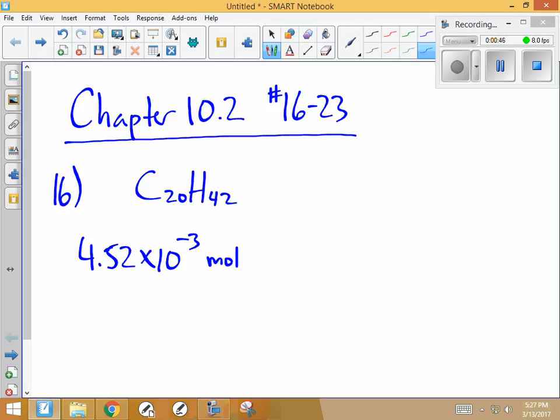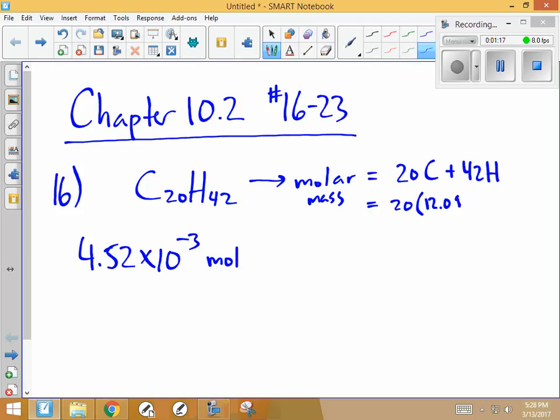So the first thing we need to do to find the mass in grams is find the molar mass of this compound. That molar mass is going to equal 20 times the molar mass of carbon plus 42 times the molar mass of hydrogen. That's 20 times 12.0 grams per mole.